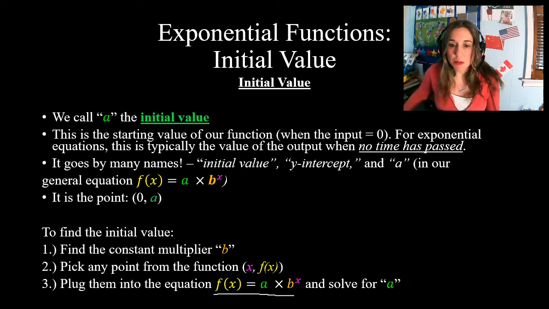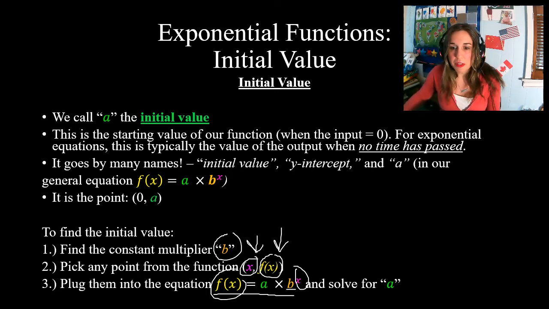You would plug in b for b, x for x, and f of x for f of x, right? You're just plugging in your input and your output, whatever point you pick. And that leaves you ready to solve for a. Once you plug in all these numbers, you're ready to solve for a. And that's how you find it. And that's what we've been working on all week. Okay?